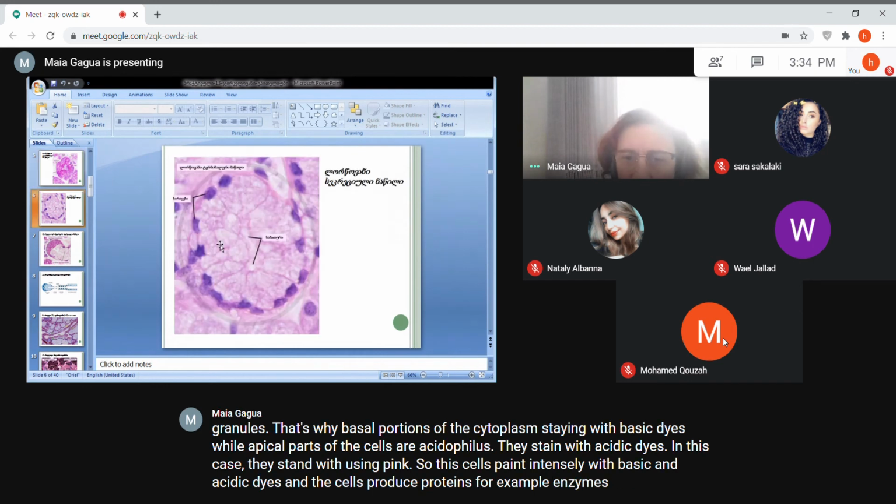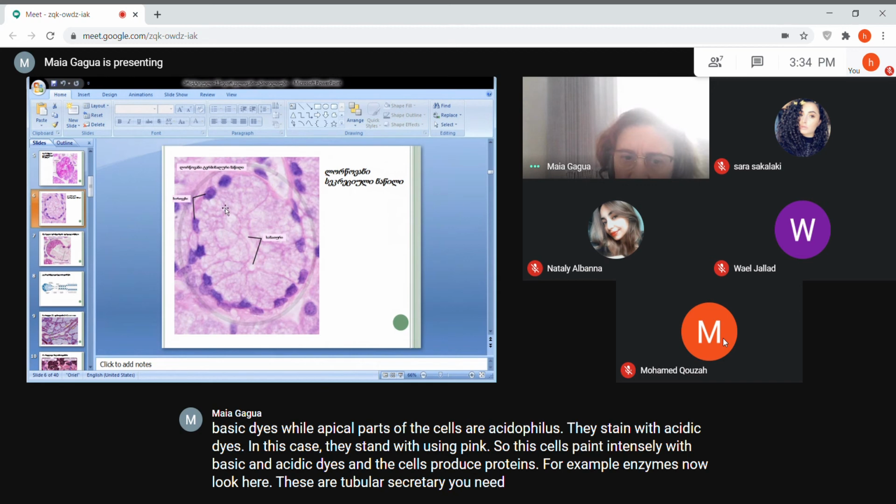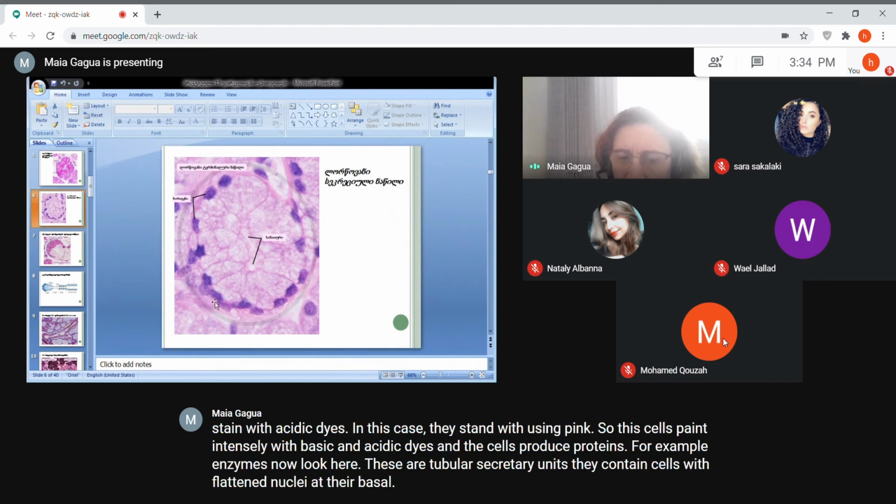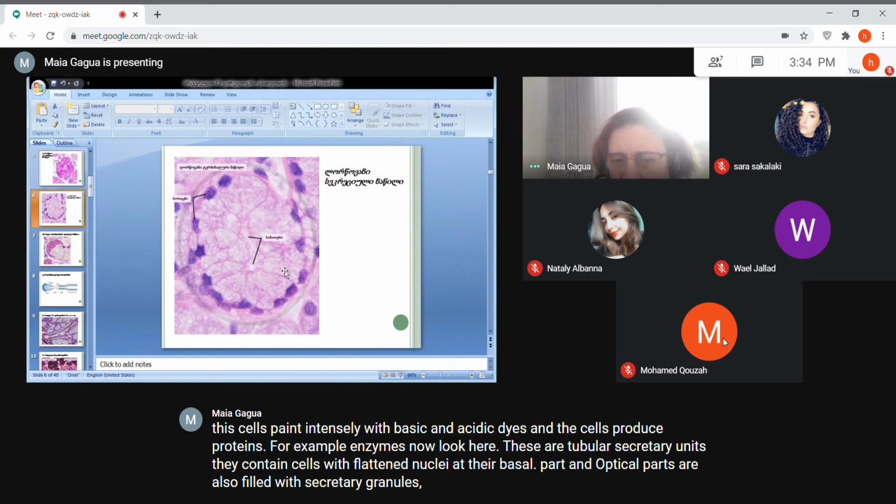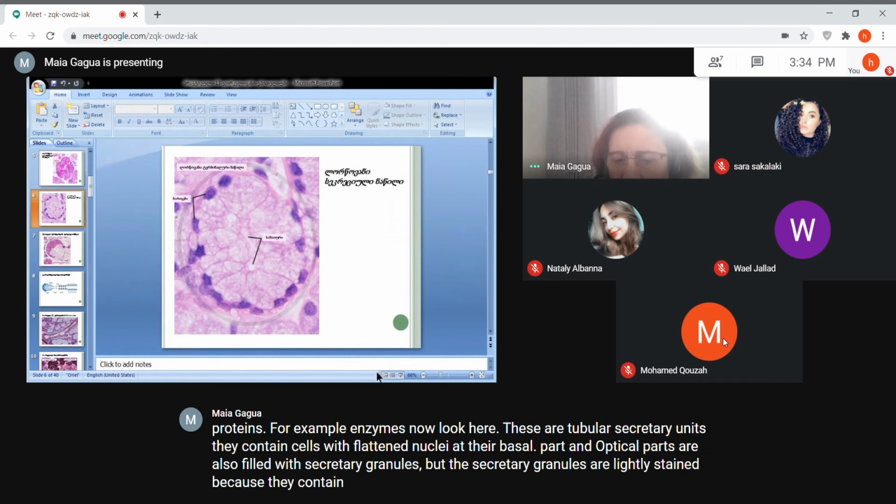Now look here. These are tubular secretory units. They contain cells with flattened nuclei at their basal part, and apical parts are also filled with secretory granules, but the secretory granules are lightly stained because they contain highly glycosylated glycoproteins, for example, mucins.